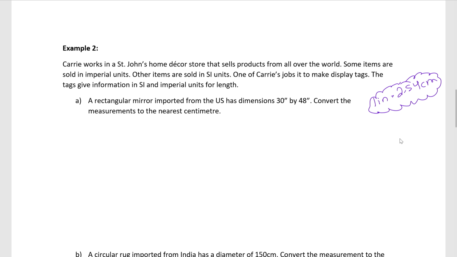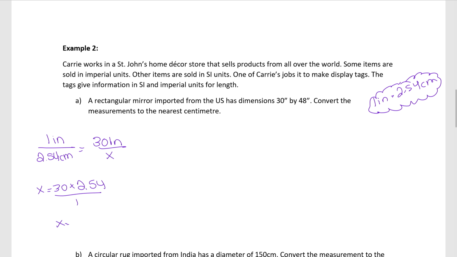Okay, so let's see how you did. So we'll do 1 inch over 2.54 centimeters is equal to, and we'll put 30 inches up here and our X down there. So we're multiplying on the diagonal, so we end up with 30 times 2.54 over 1.